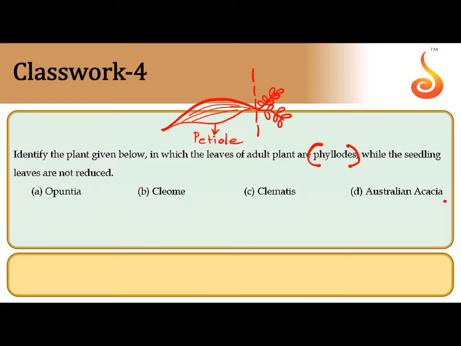This is seen in the case of Australian acacia. It's a leaf modification where the petiole itself becomes very broad and photosynthetic. The actual pinnately compound part of the leaf will basically be lost. Okay.